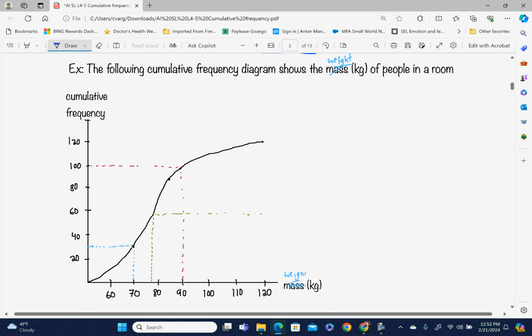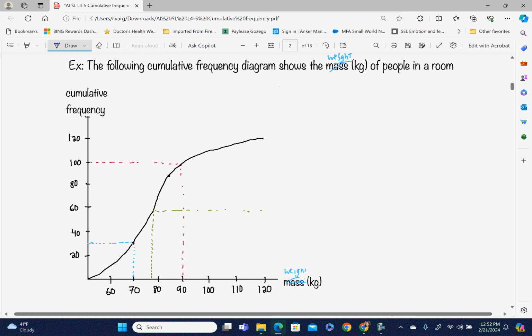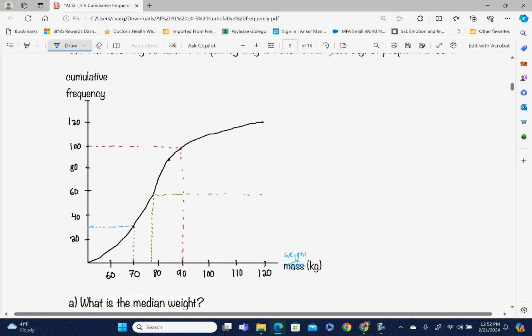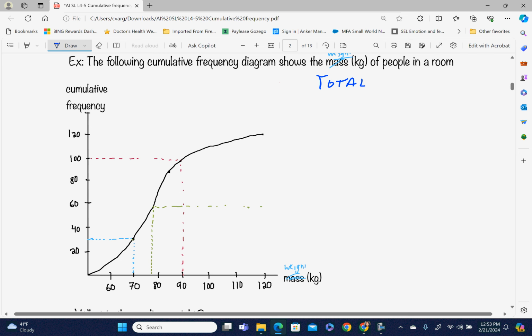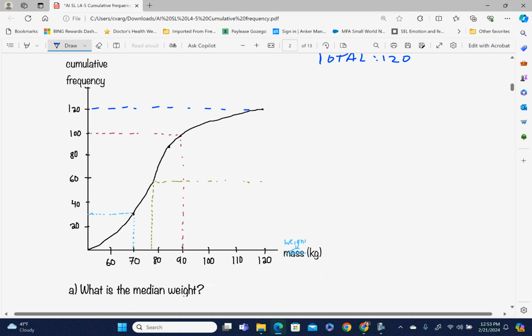And what we're going to do here is first take a look at the total number, right? So our total number of people here, if you look at this number right here at the top, that's where the top of our graph is, and that is 120. So there are 120 people altogether.